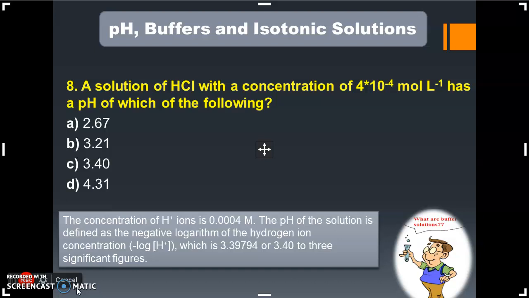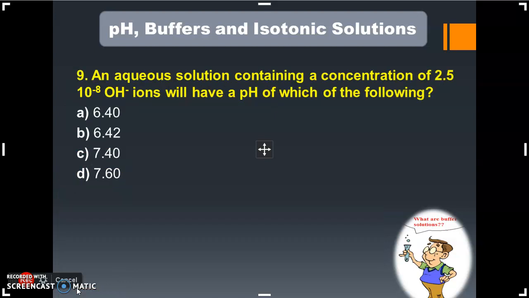So the concentration of H plus ion is 0.0004 molar, and the pH of the solution is defined as the negative logarithm of hydrogen ion concentration. That is minus log of the H plus ion concentration, which is 3.39794, or you can say 3.40 to 3 significant figures. So the answer will definitely be 3.40.